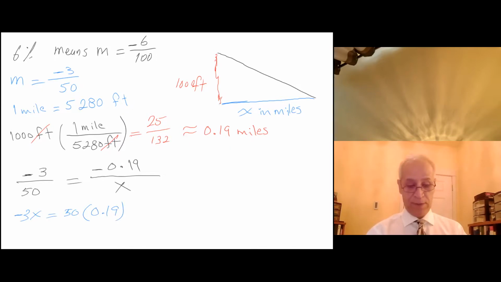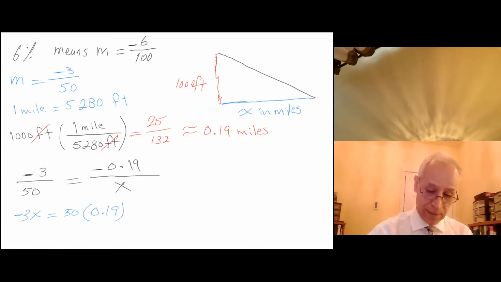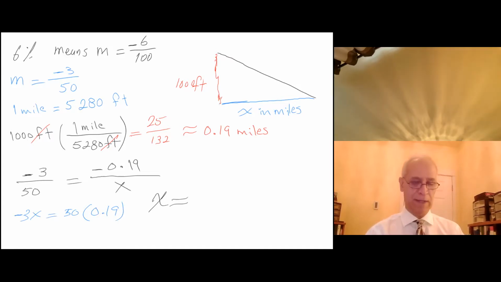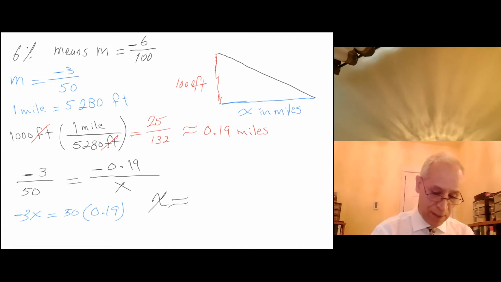And divide both sides of this equation by -3, and I will have x approximately equal to, dividing the left-hand side by -3, you get x. Dividing the right-hand side by -3, you get 3.16 miles.